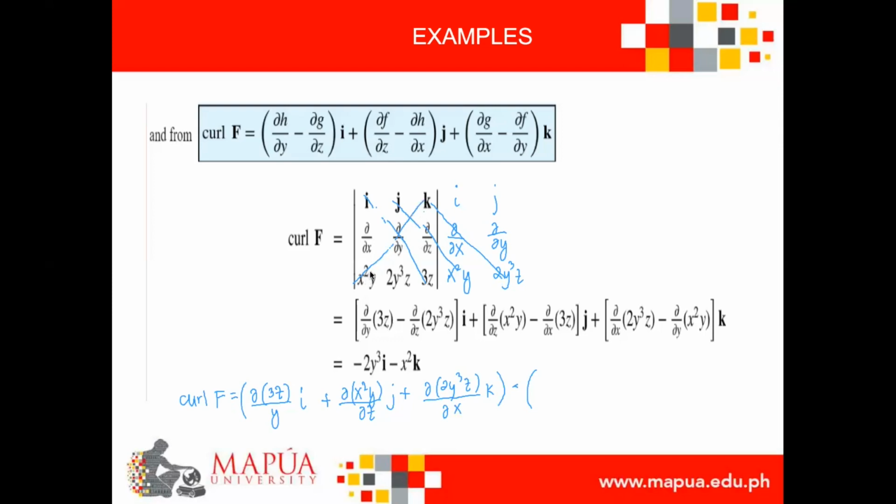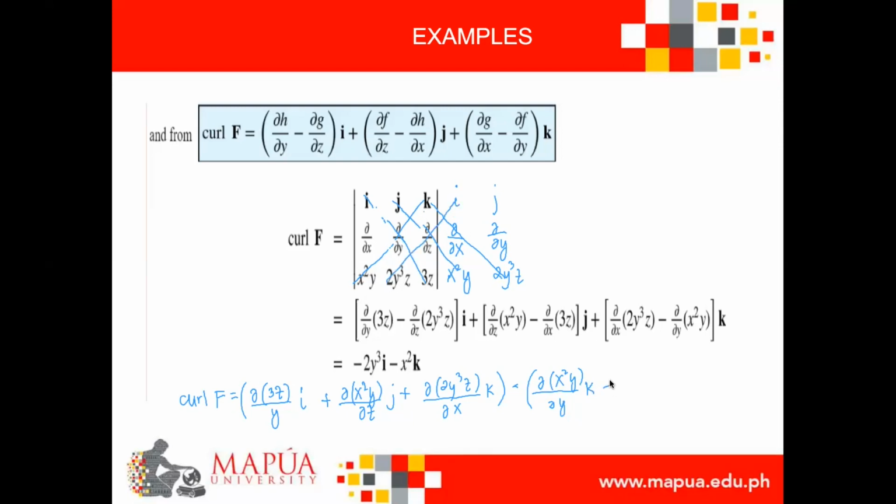So starting from the bottom left, we have the partial derivative of the function x squared y with respect to y, times k.